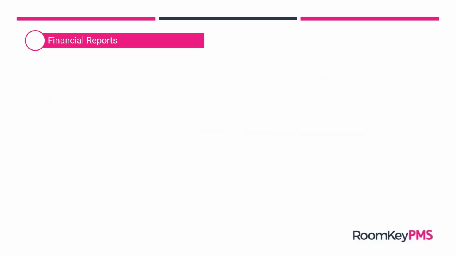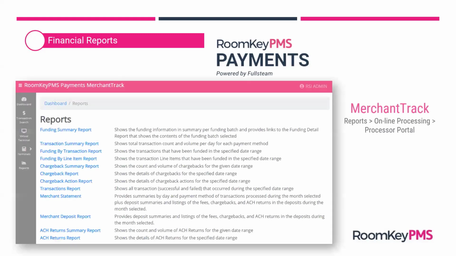So, for our financial reports, that's about it for end of year reporting. Most of your end of year reporting financially will come from the accounting interfaces that you might use outside of Roomkey. But one thing that I would like to highlight for those of our clients that utilize our embedded payment processor, Roomkey PMS Payments, powered by FullSteam, we do have access to the Merchant Track portal.